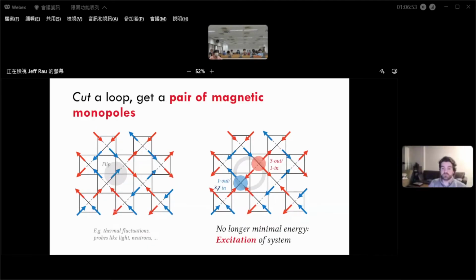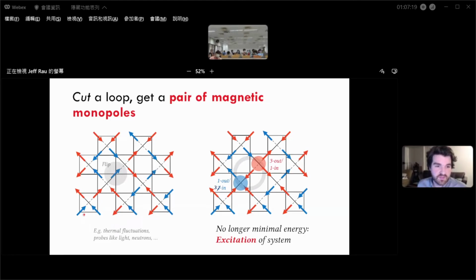You can stretch this analogy with solenoids a little bit further. Here we're saying our ground states are these 2 in, 2 out states. These 2 in, 2 out states are characterized as this tangle of loops. And so you might ask, what happens if I'm no longer in a ground state, if I'm looking at an excitation? In this picture of solenoids, what happens if I cut one of these solenoids, if I cut one of these loops?